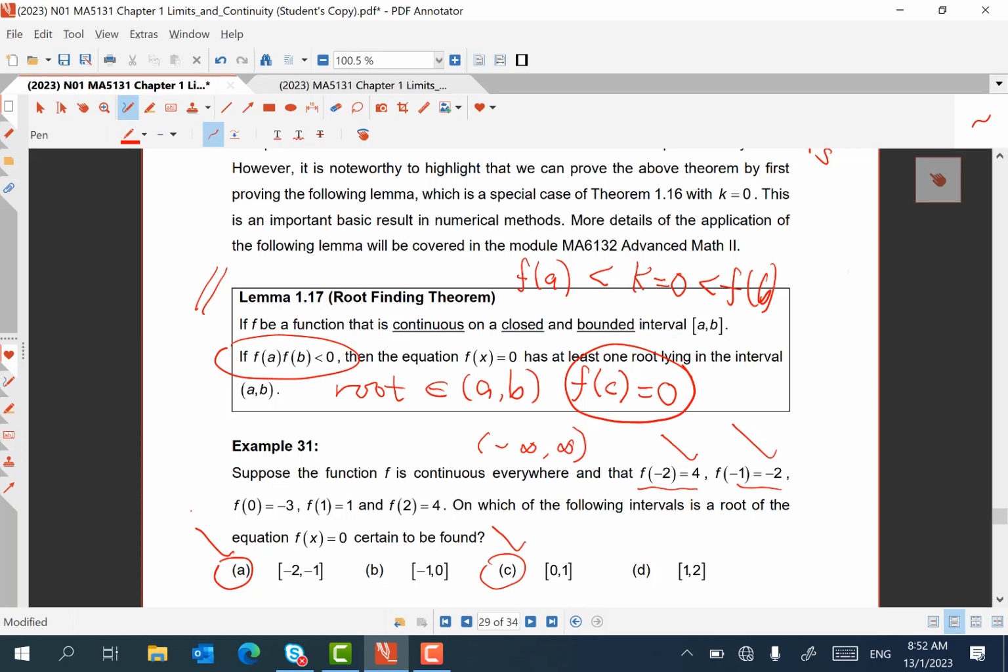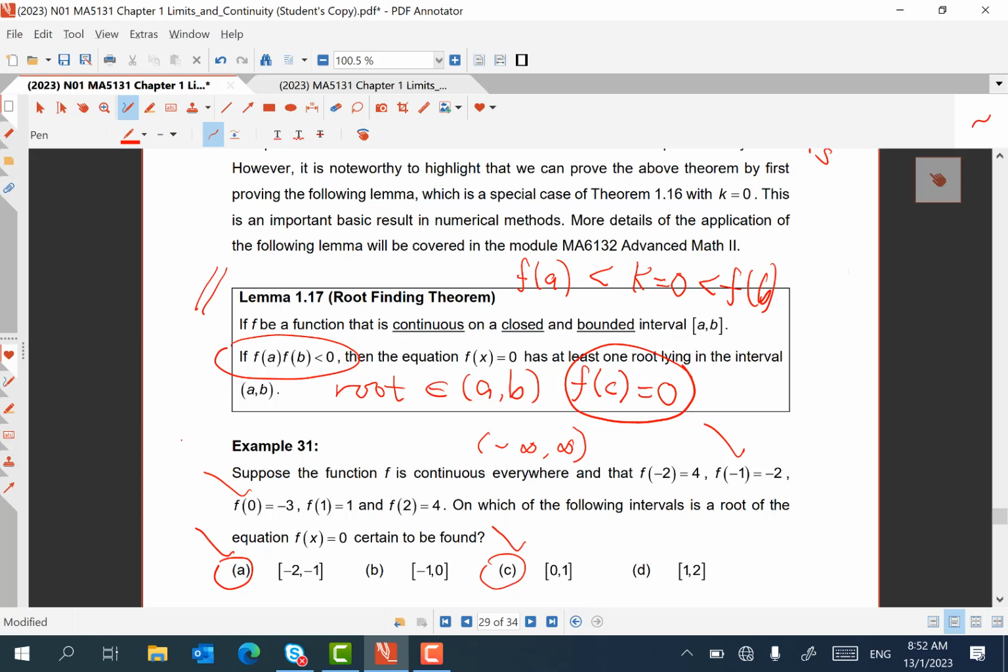Okay, between -1 and 0. This is f at -1 and this is f at 0. There isn't a change in sign, so to speak. Both are negative, so the product is not negative. Therefore, there isn't a root. True or false? Okay, Kritik.